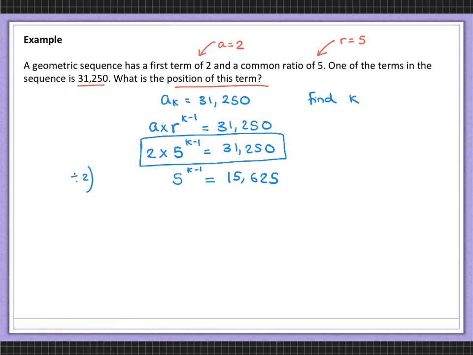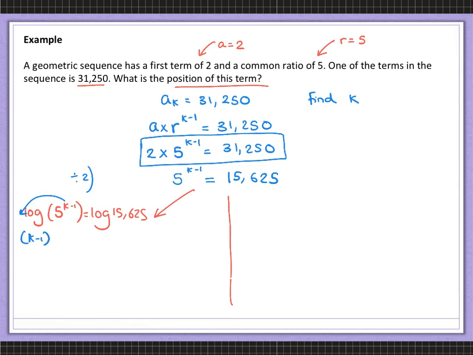Now, we need to solve this equation here. We're going to solve it using logs. So I'm going to use just log to the base 10 to begin with as an example. So I can say log of 5 to the k minus 1 equals log of 15,625. Now, using my log rule here, let's pull the k minus 1 in front as a multiple.